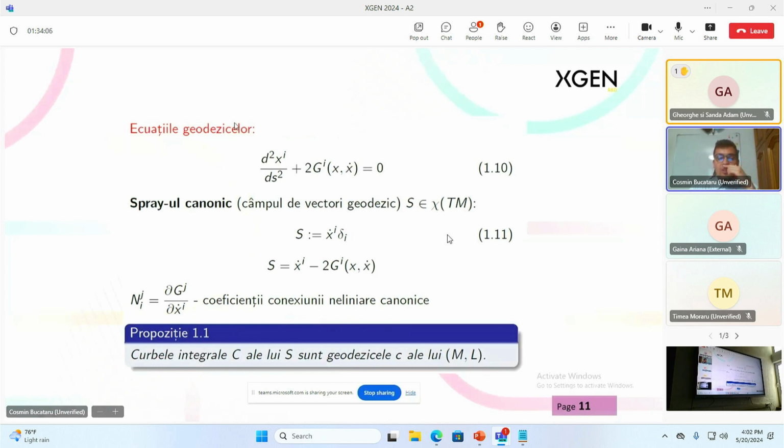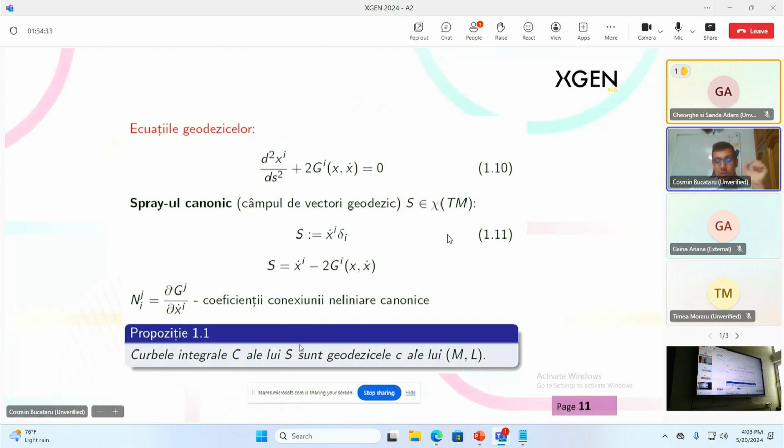The geodesic equations can also be written in the form of 1.10 with the help of the geometric object denoted by the name canonical spray, which is nothing more than the vector field around the geodesics, and it has the form in equation 1.11.